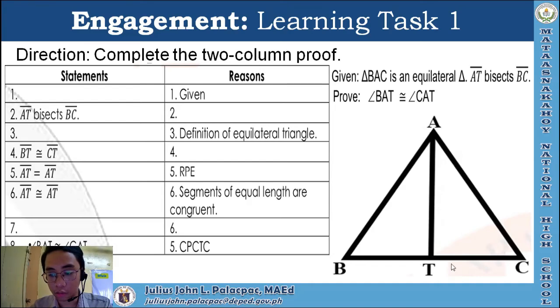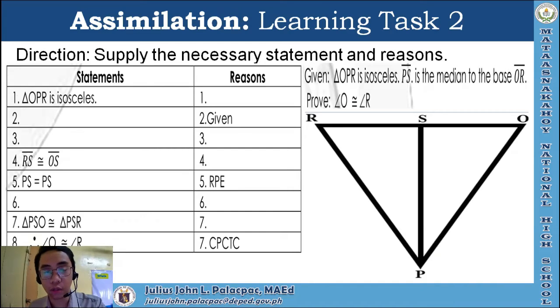So meron tayong side, side, side. So we can say that triangle BAT is congruent to triangle CAT by SSS congruence postulate. At mapuprove na natin ngayon na angle BAT is congruent to angle CAT by CPCTC.